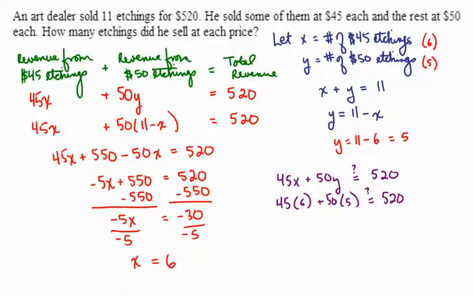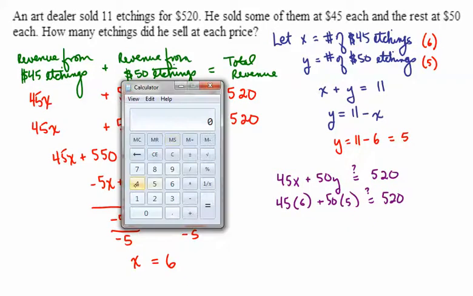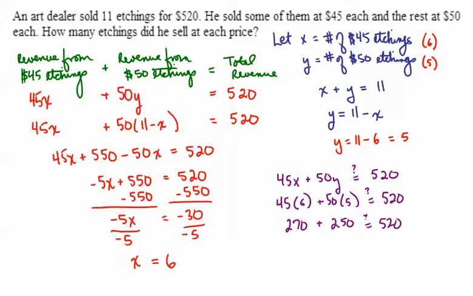So 45 times 6, use the calculator, 45 times 6 is $270. Then 50 times 5 is $250. And we want to know if that equals 520.